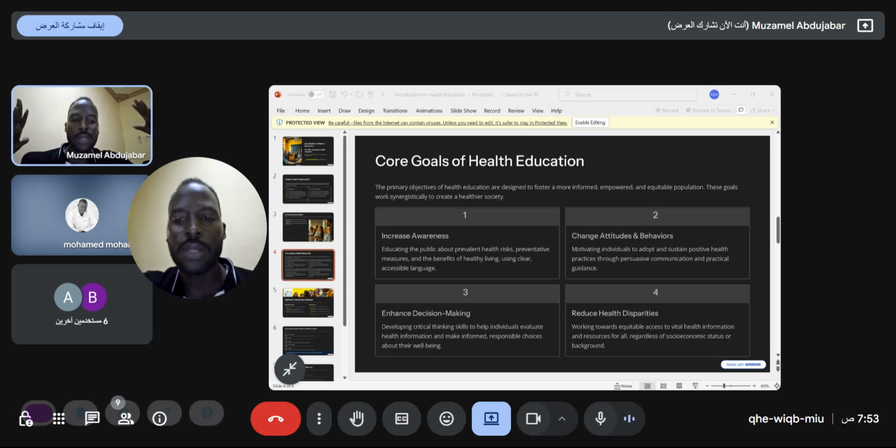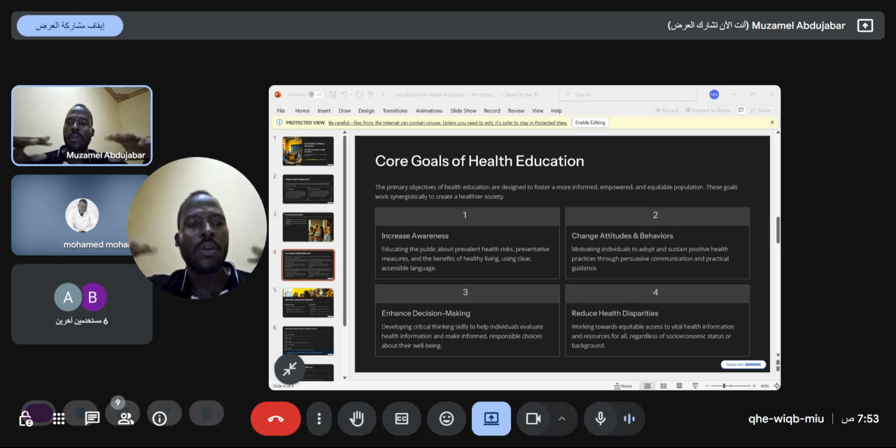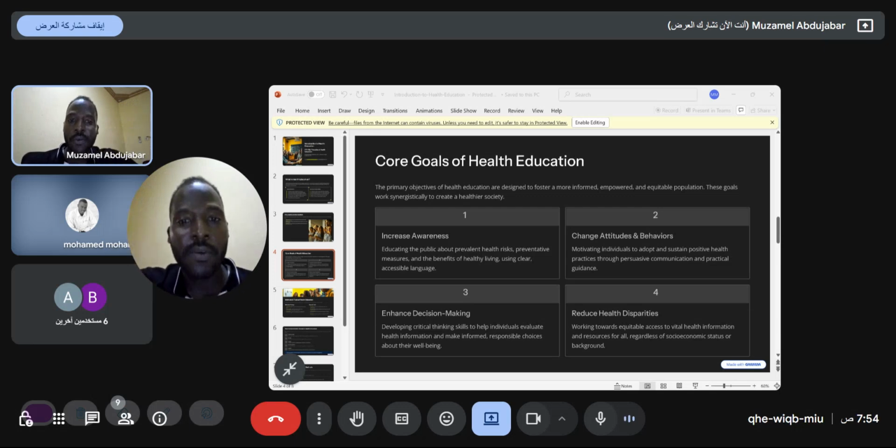That means no disparities for the whole community, because when you send the message, this information can be useful for all people. This is the fourth objective of health education.